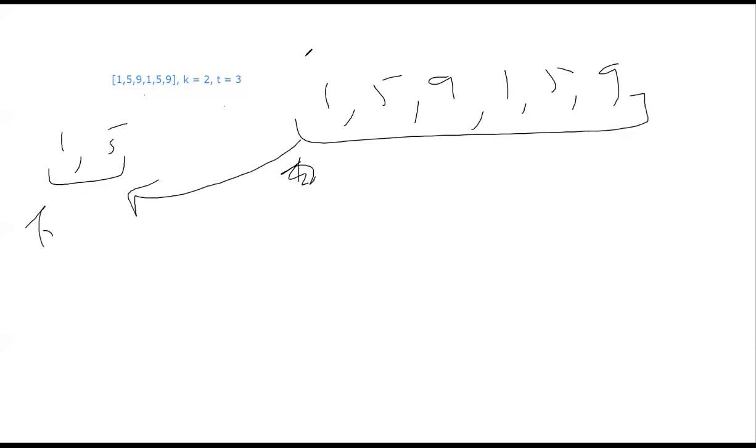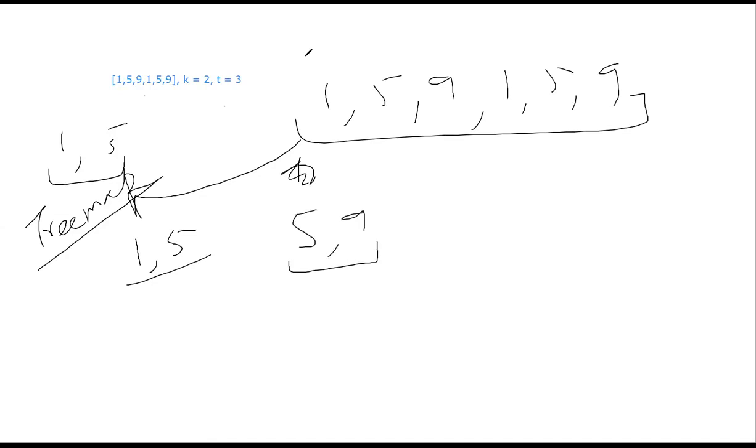At the same time, j points to index 0, and when i minus j is larger than k, we erase the element 1 from the map. That means we keep the window containing only two elements. Got it. So your first tree map will contain 1 and 5, and then 5 and 9, right? Yes.